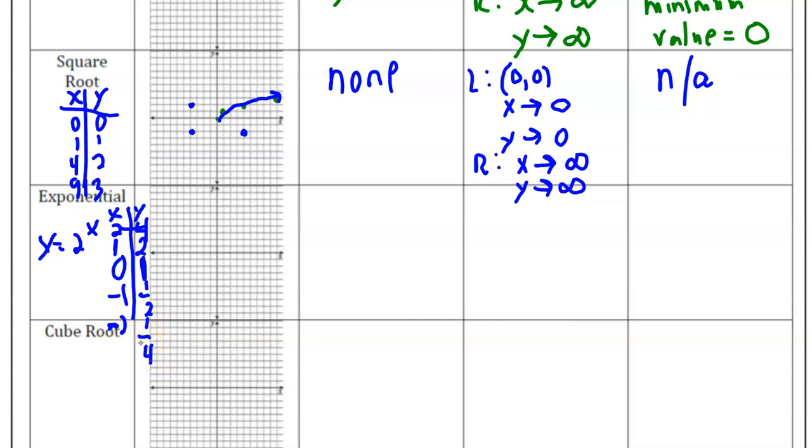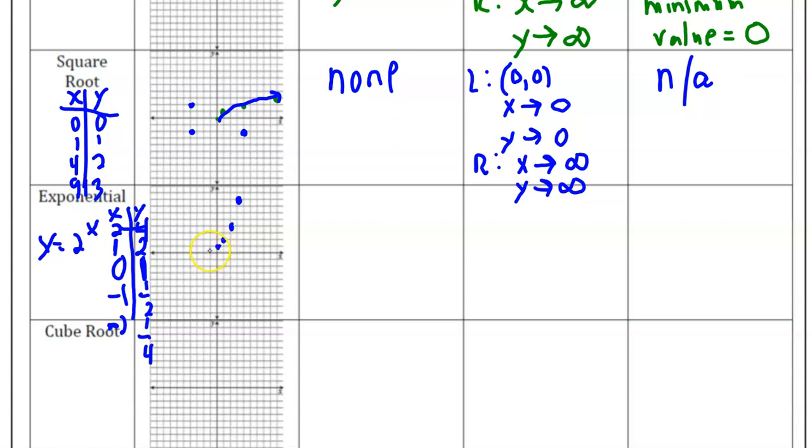So let's graph this thing. 0, 1. 2 to the first is 2. 2 squared is 4, and I'm going to go ahead and do 2 to the third, which would be 8, which is right there. I didn't graph that one right, that should be the one there, shouldn't it? Yep.